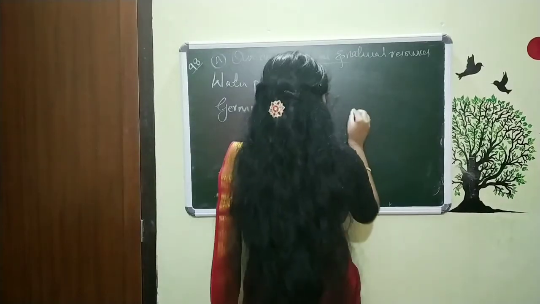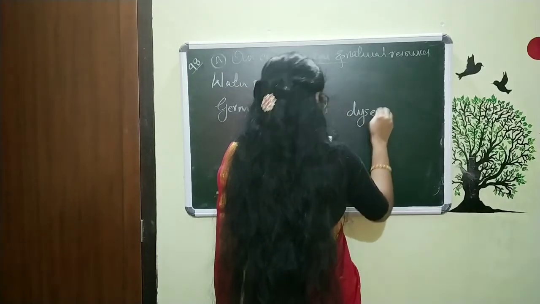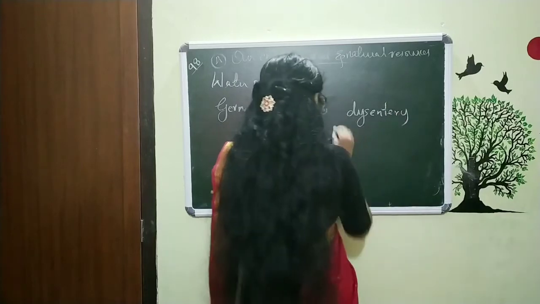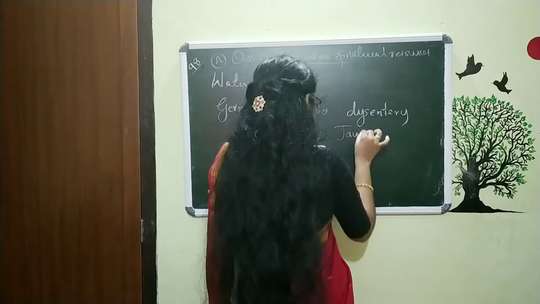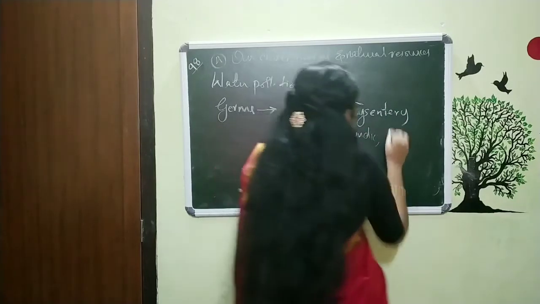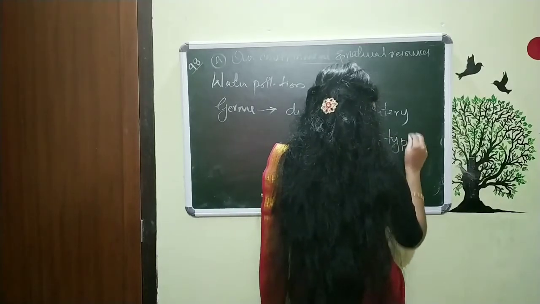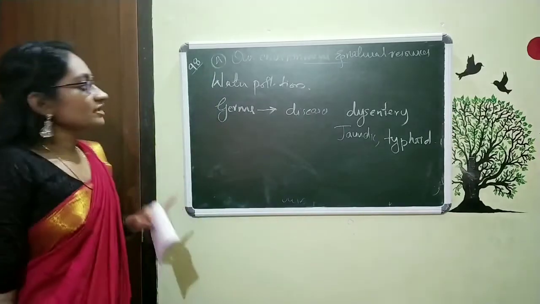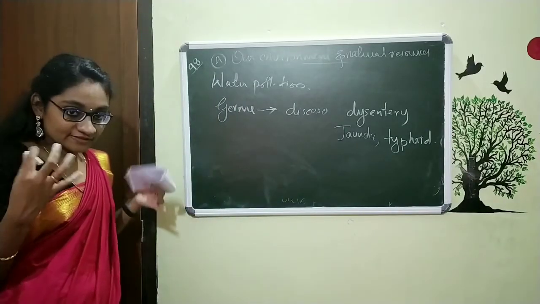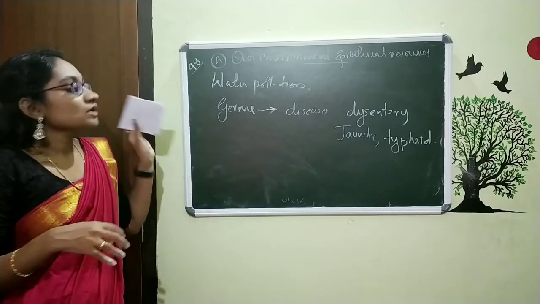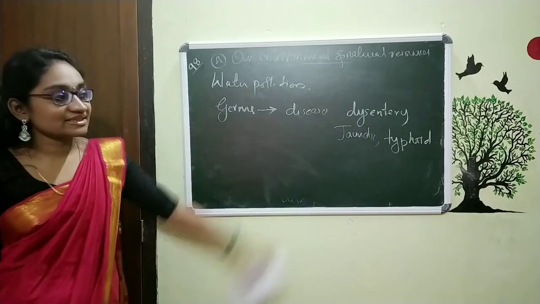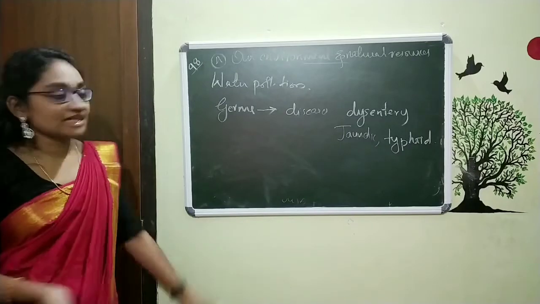Diseases like dysentery, jaundice, typhoid, etc. So we can say one of the effects is this. These germs cause diseases like dysentery, jaundice, typhoid, etc.